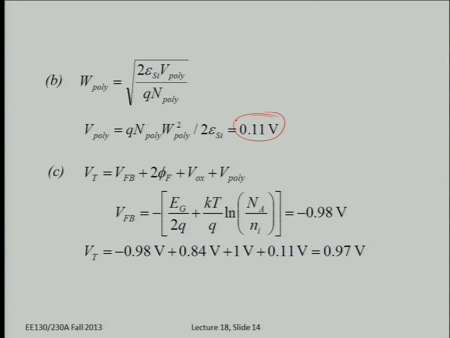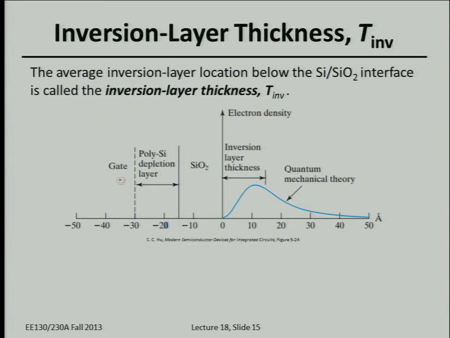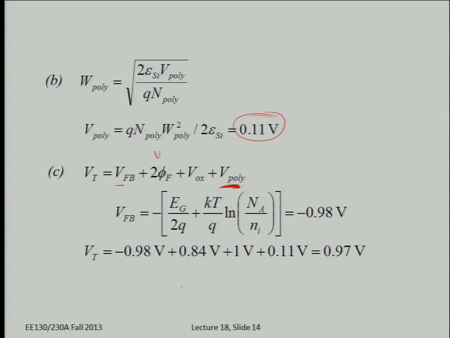And then the threshold voltage in this simple case, you have an extra voltage dropped across the polysilicon. So when you apply a gate voltage, that equals the flat band voltage plus the voltage dropped across the silicon plus the voltage dropped across the oxide. Now you have an extra voltage drop across the poly.